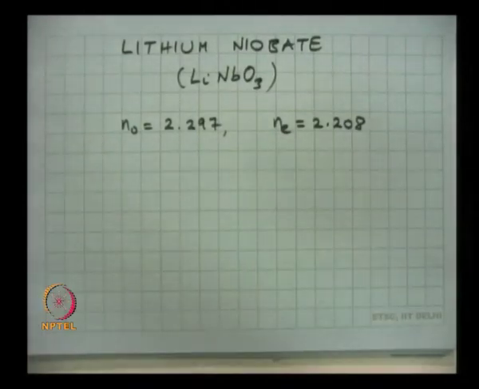If NO is more than NE, the extraordinary wave travels faster than the ordinary wave, and the crystal is called a negative uniaxial crystal. So, this is an example of a negative uniaxial crystal, and you can see the difference. The difference is not very large, it is about 0.09. It is a strongly anisotropic crystal, and this difference will lead you to a difference between the K and S vectors.